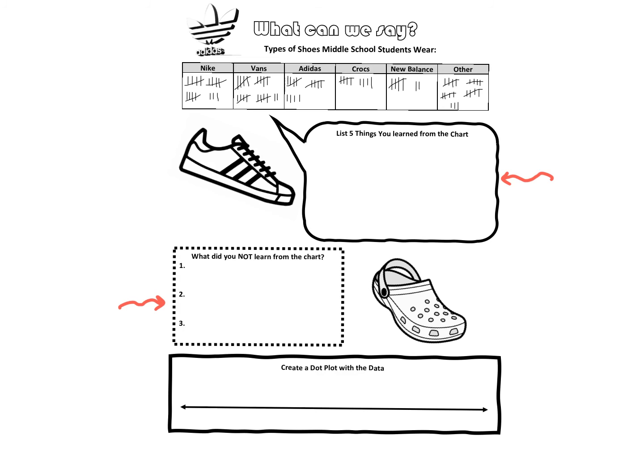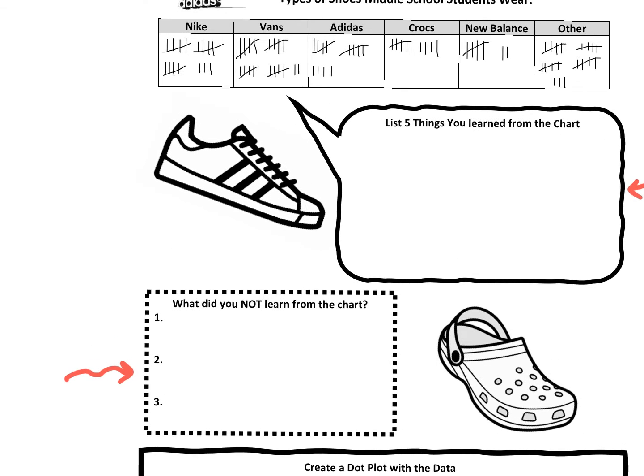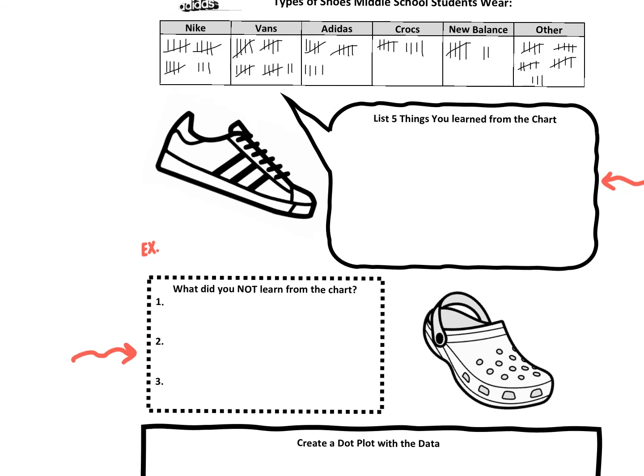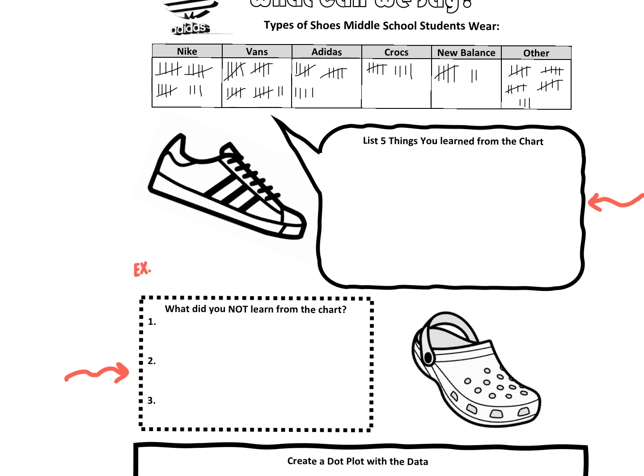So you're going to list 5 things you learned from the chart and then 5 things you did not learn from the chart. I'm going to give you a hint about what you did not learn from the chart. Now I'm going to give you an example, but you can't use this example in your actual answers, okay? So for instance, something I don't know for sure is how many people were surveyed.